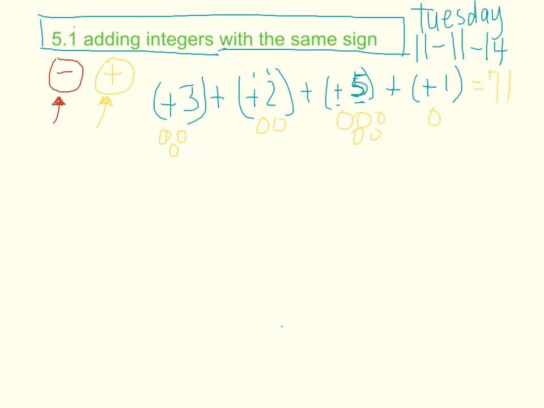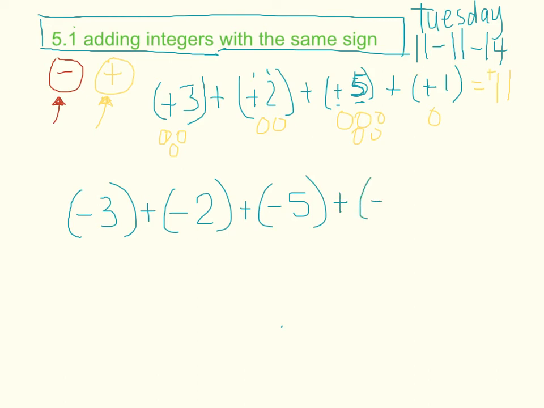I'm going to use the same numbers, but I'm going to make them negative. Negative 3 plus negative 2 plus negative 5 plus negative 1. Okay, now let's look at our counters. Remember, our negative counters are red.